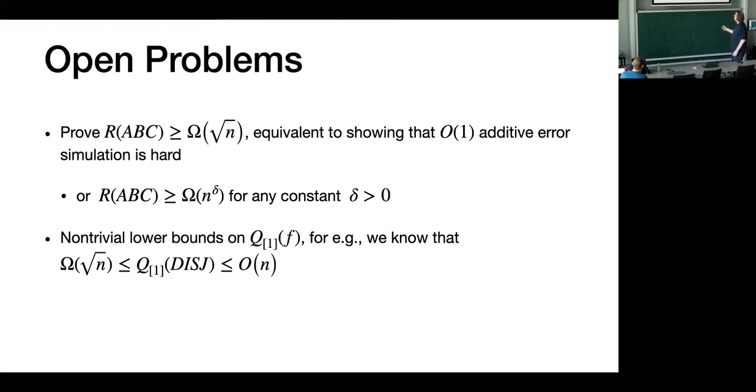A specific lower bound method for this Q1 of f would be nice. For instance, we know that disjointness has to be at least square root n because the quantum complexity is already root n, and we can do disjointness in this model with order n communication cost. And something specific that, for instance, rules out that you can do Grover-like speedups. My conjecture would be that probably you cannot do better than n.